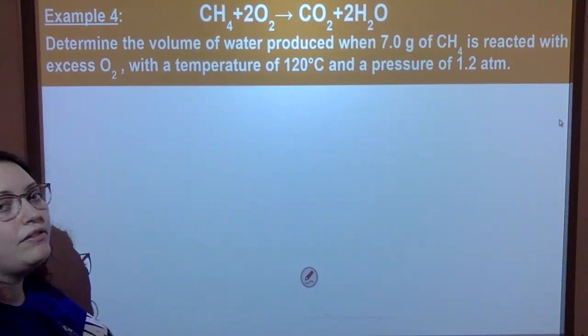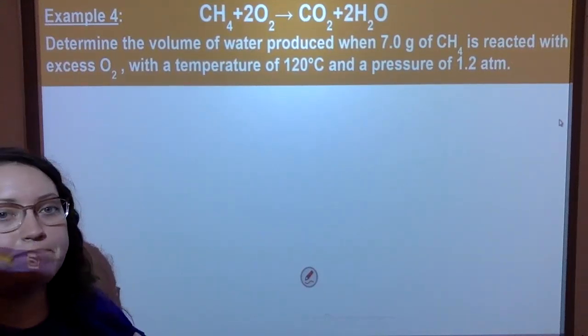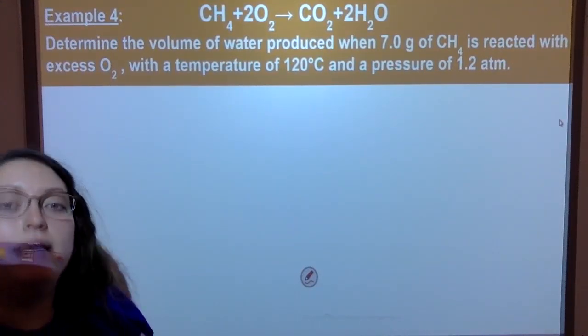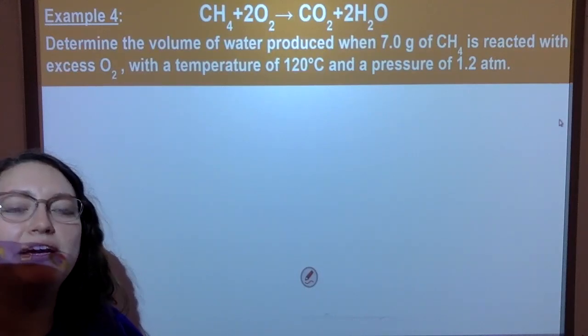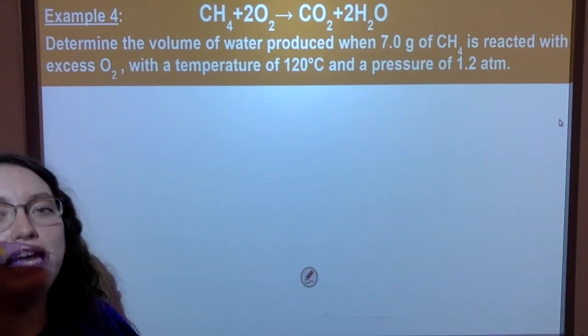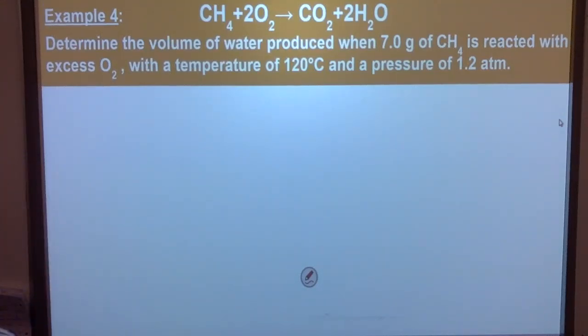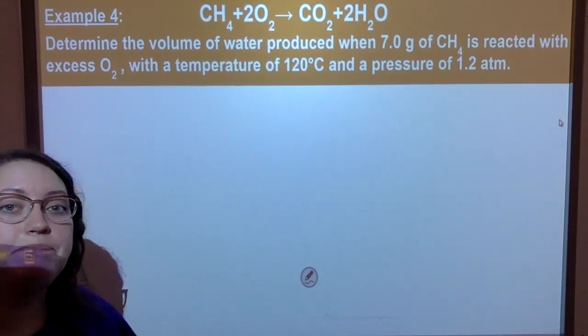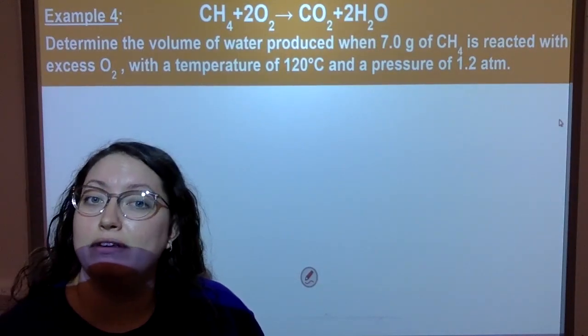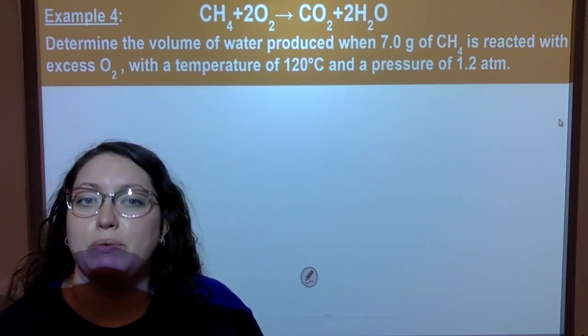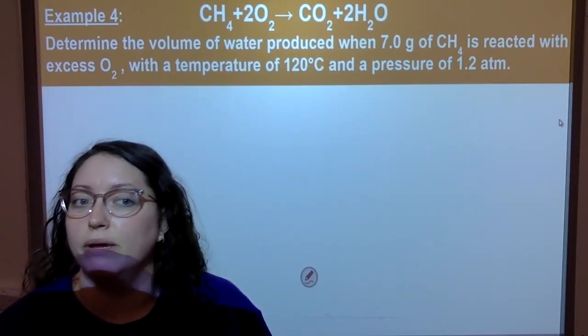Now this one's just slightly different, and I'm sure you can guess that we're going to have to use some stoichiometry here since there's a formula involved, and we're going to have to use a mole ratio. Here we have the balanced equation. That part was given in this question. The balanced equation may not be given on the test, so just beware that that skill is not going away.